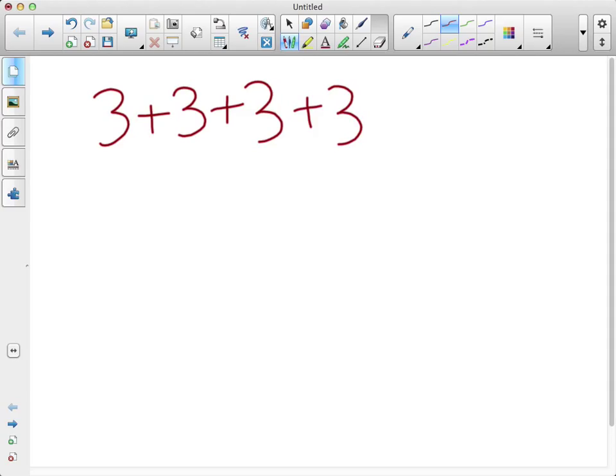We don't want to write that over and over again. So we have a new operation, and that new operation is called multiplication. We know this. We can write 3 times 4. Those are equivalent because there are 4 3's. Similarly, exponential notation is simply repeated multiplication.